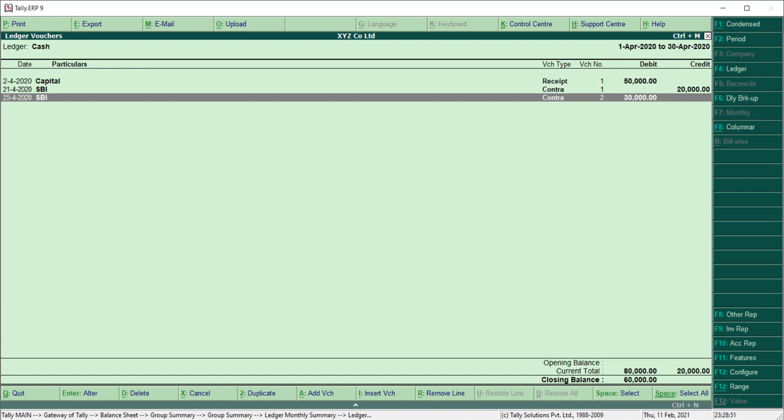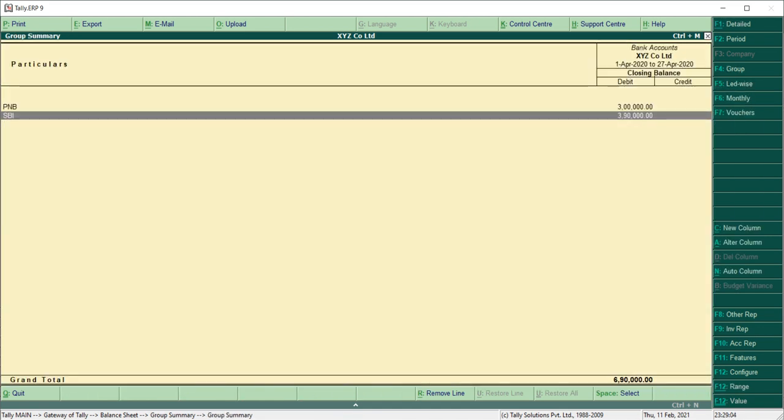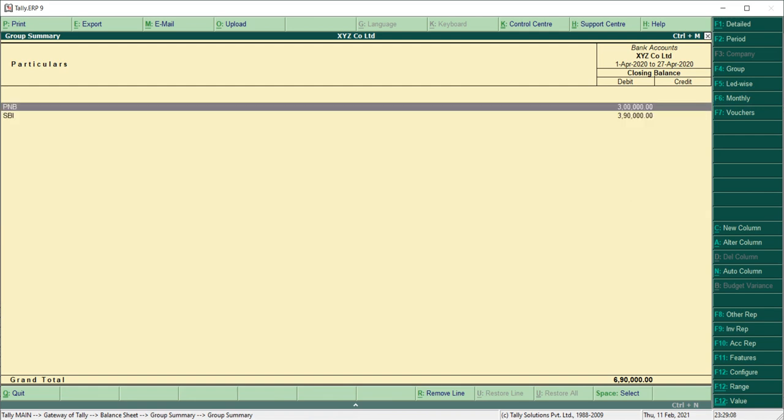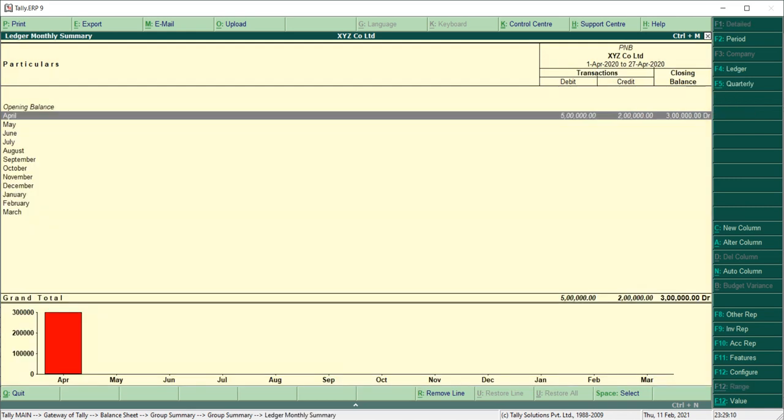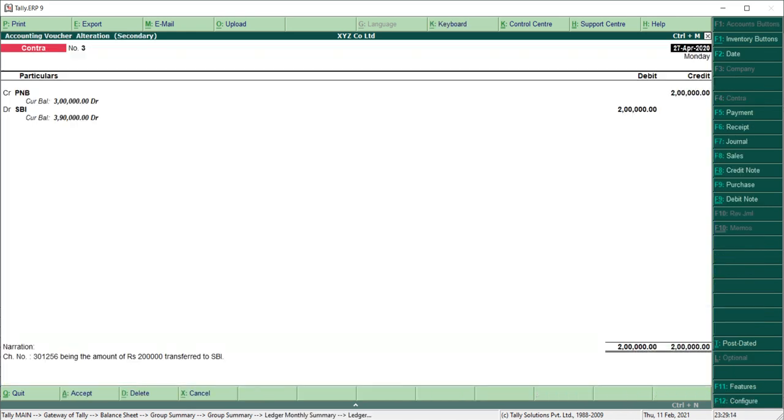So there is no rocket science. It is not difficult to understand. Suppose you have two bank accounts, one is SBI and one is PNB Bank, and you are transferring funds from one bank to another bank. The balance in the PNB Bank will decrease by 2 lakh rupees, and SBI will increase by 2 lakh rupees.